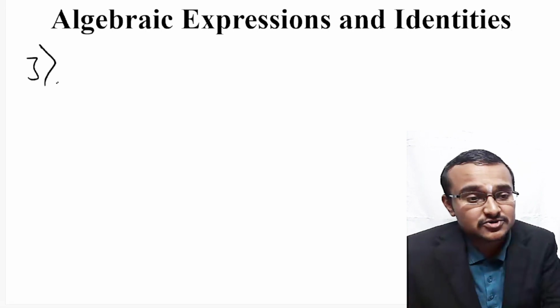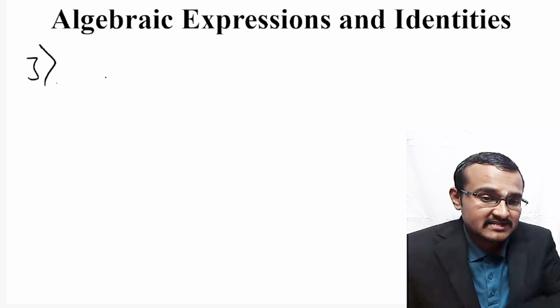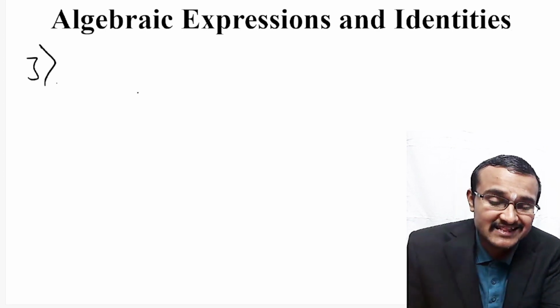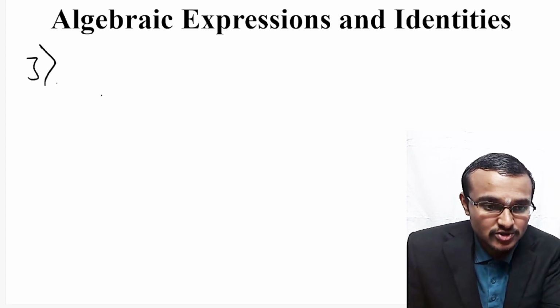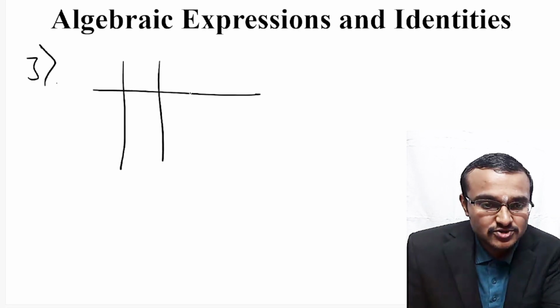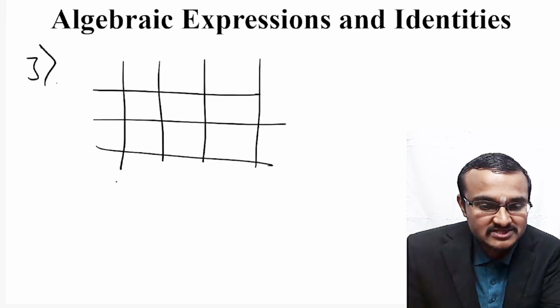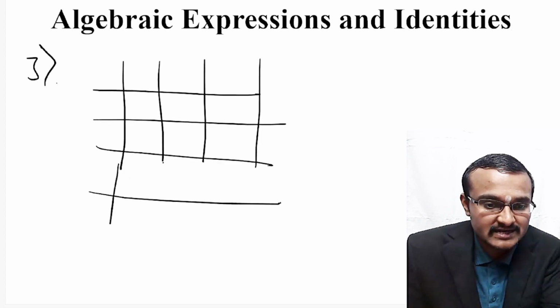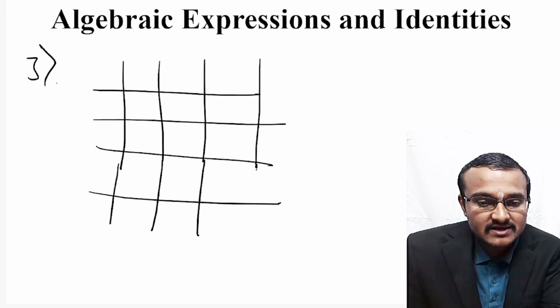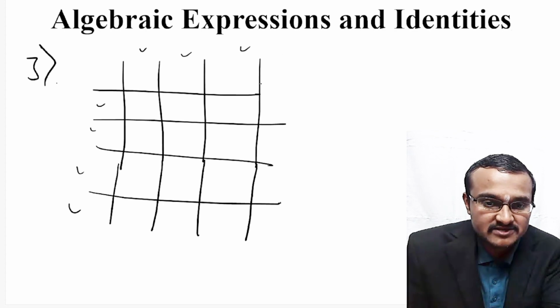Coming to the third question, here also they have given a table. They have told us to fill this particular table. They have given certain rows and certain columns here. Here they have given different algebraic expressions, and here also they have given different algebraic expressions.